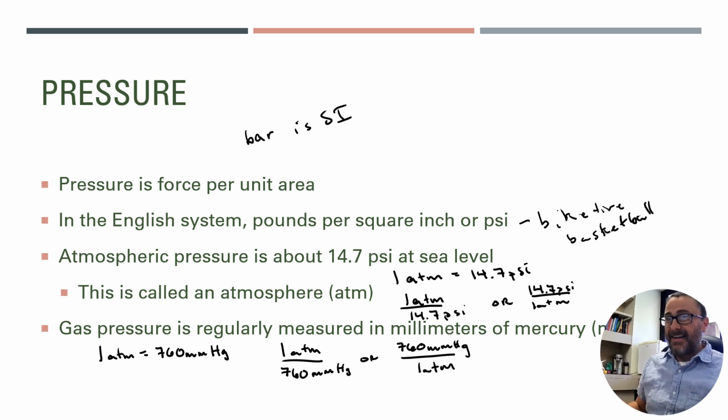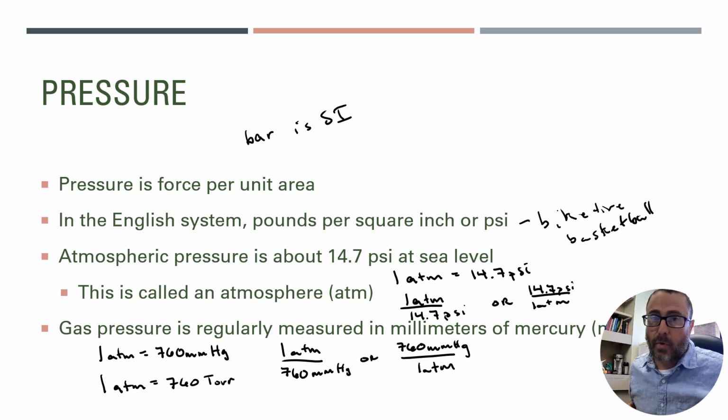You might also hear something called a torr. A torr is the exact same thing as a millimeter of mercury. It's just a different name for it. So if you see that, it's also the exact same conversion factors for it.